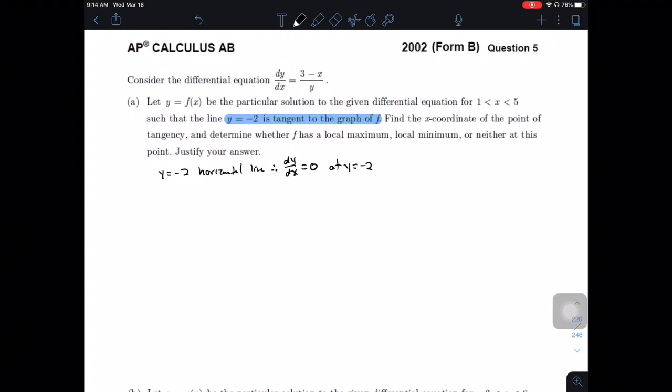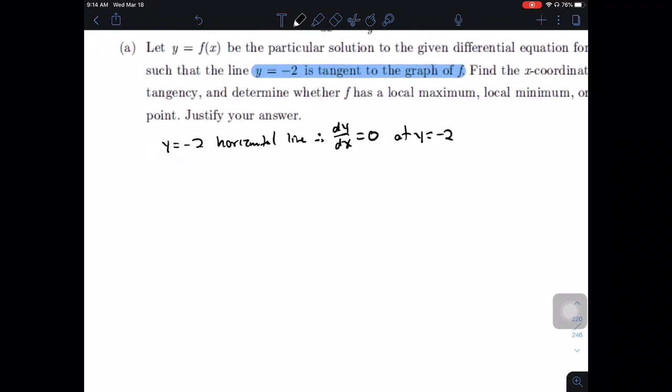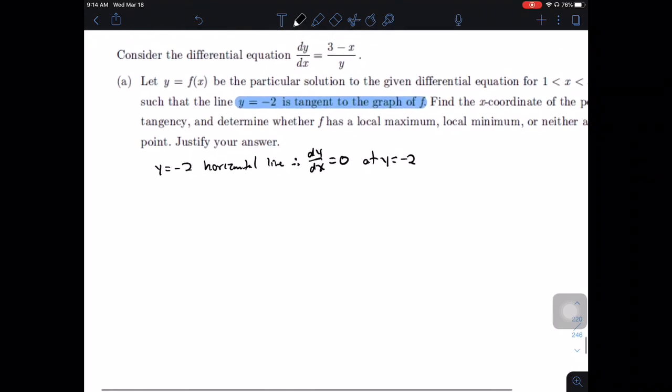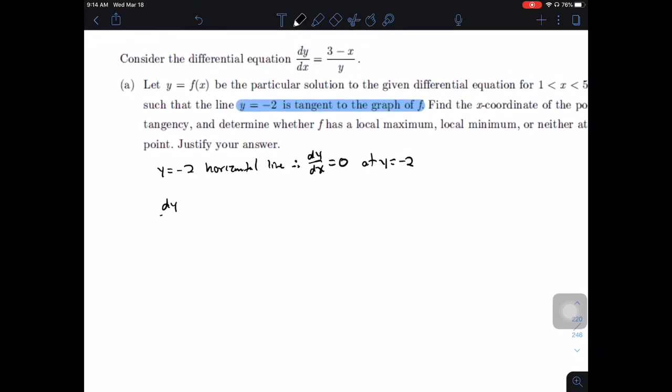First of all, it says let y be a particular solution. We're supposed to find the x-coordinate of this point. So to do that, if we take the derivative, dy over dx equals 3 minus x over y, we know what y is.